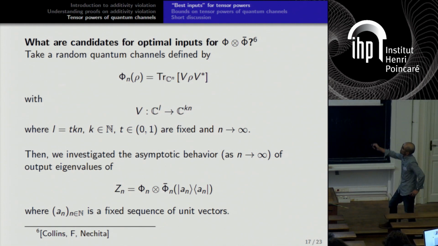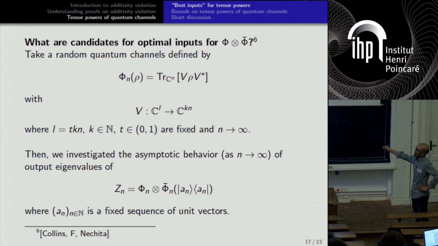To investigate this problem, we take random quantum channels, phi, in this picture, and we have an input here. We fixed the input and we saw what kind of behavior this matrix has. And of course, here we change the order of problems.